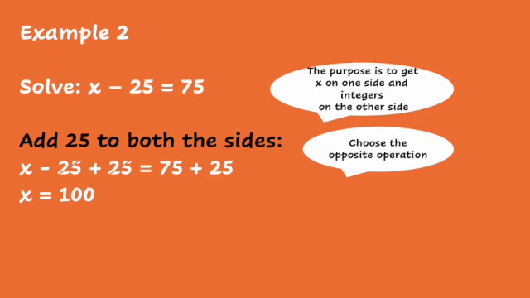We add 25 to both sides. On the left hand side we are left with x because minus 25 plus 25 cancel. On the right hand side we have 75 plus 25. So finally we get x equal to 100, which is the solution for the given equation.